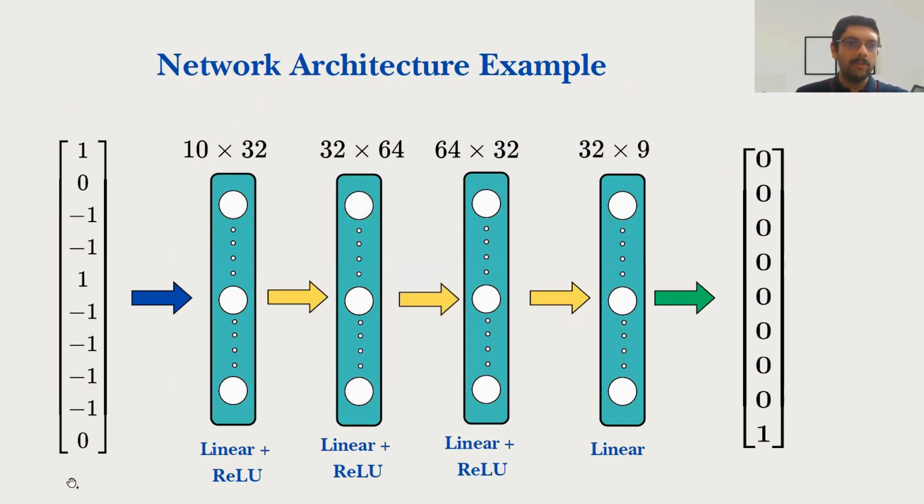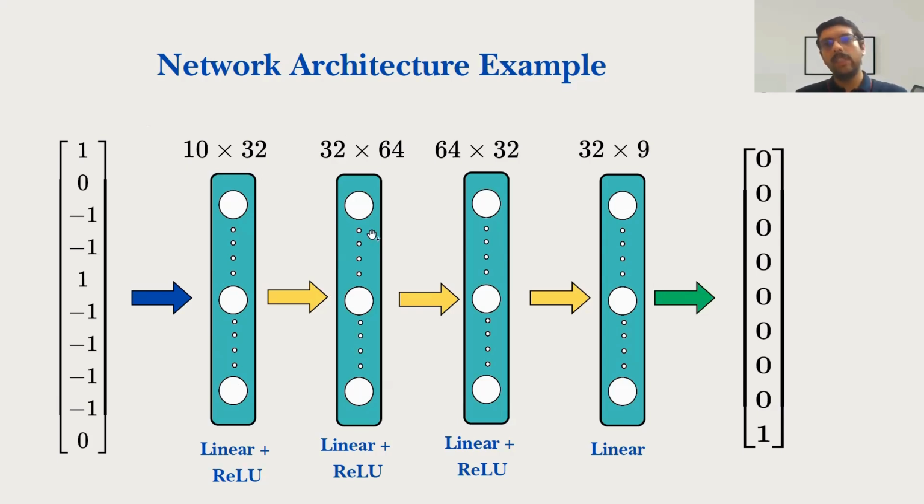So what's the neural network architecture? We know it has an input vector of size 10. Forget about batch mode, meaning multiple batches of data. It's basically got 10 elements. So the first layer is going to have each neuron take in 10 inputs. We're going to have 32 neurons in that layer, so 10 times 32.